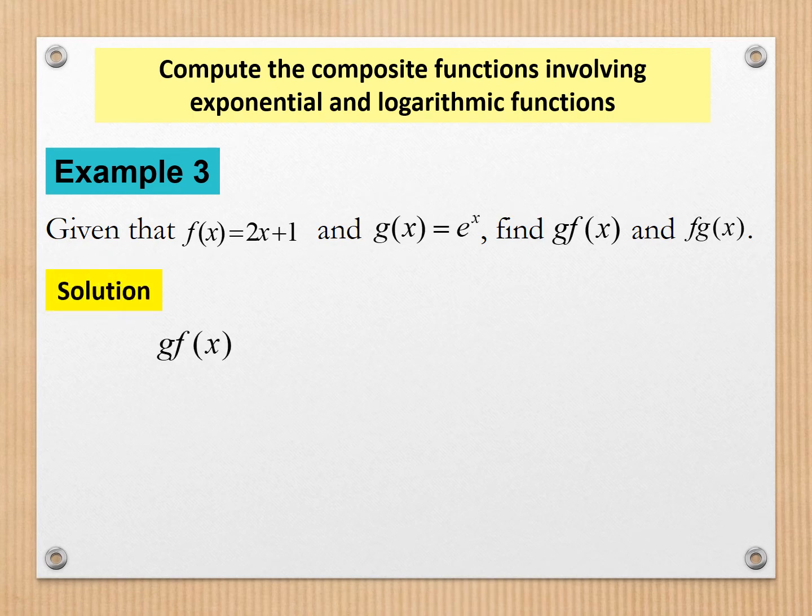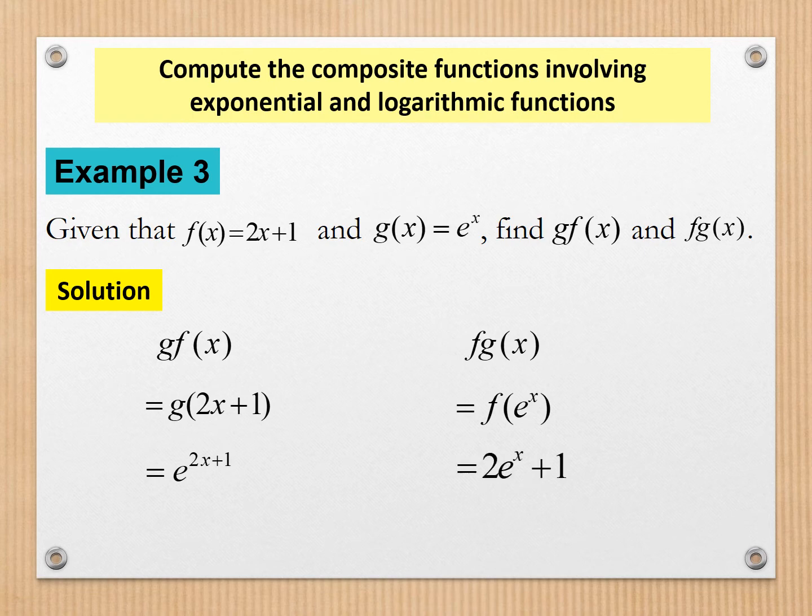First we find gf(x). gf(x) means g(2x plus 1). So then we substitute 2x plus 1 into g(x). We get e power 2x plus 1. Then fg(x) is f(e^x), means that we substitute e^x into 2x plus 1, we get 2e^x plus 1.